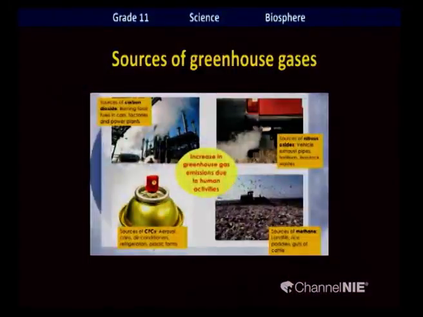Next, let's see what the sources of these greenhouse gases are, from where they are released. You can see in this picture industrial effluents, the factories, carbon dioxide, a greenhouse gas. Even in developed countries as well as in Sri Lanka, a large quantity of coal is burned in thermal power stations to generate electricity. When burning coal, a large quantity of CO2 gas is released to the atmosphere.